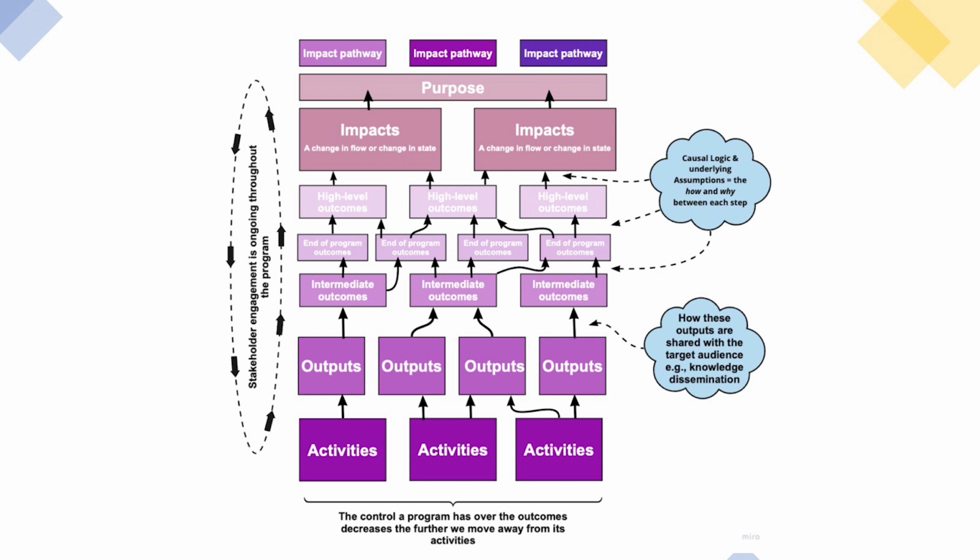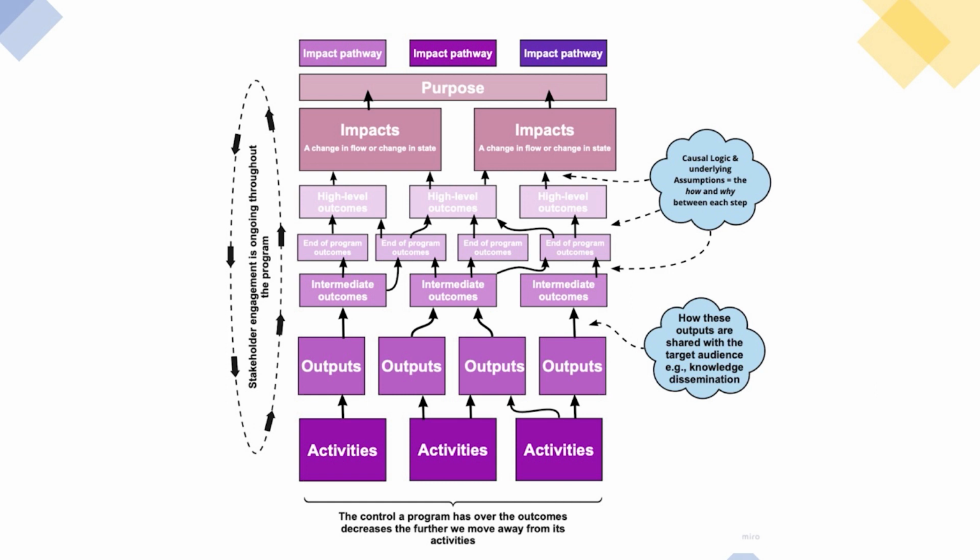Okay, so this is what we did right now. We created a theory of change. We mentioned the different activities at the bottom. These were translating into outputs. Then these outputs might be going into some outcomes, and these three are basically outcomes taken together.